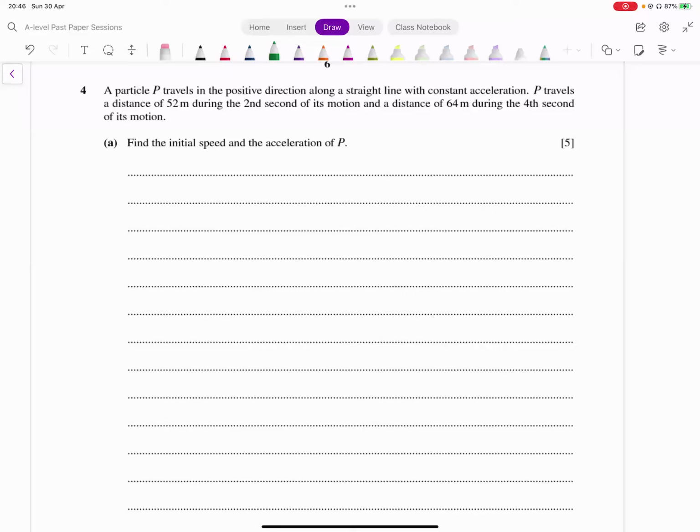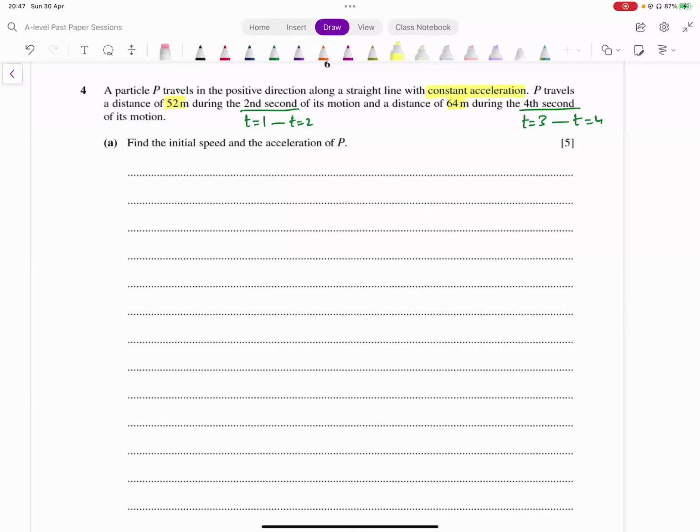T की वैल्यू जब सेकंड, सेकंड का मतलब है t equals 1 से लेकर t equals 2 तक उसने इतना डिस्टेंस ट्रैवल किया 52 meters. और फिर उसके बाद it travels a distance of 64 meters during the 4th second. Okay, 4th second means t equals 3 to t equals 4. इस इंटरवल में उसने 64 meters ट्रैवल किया.